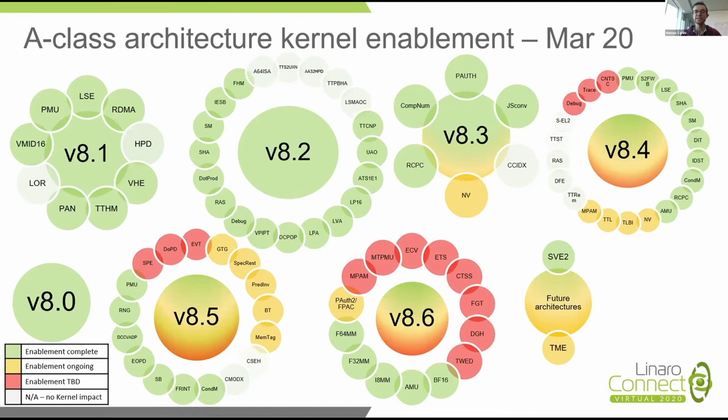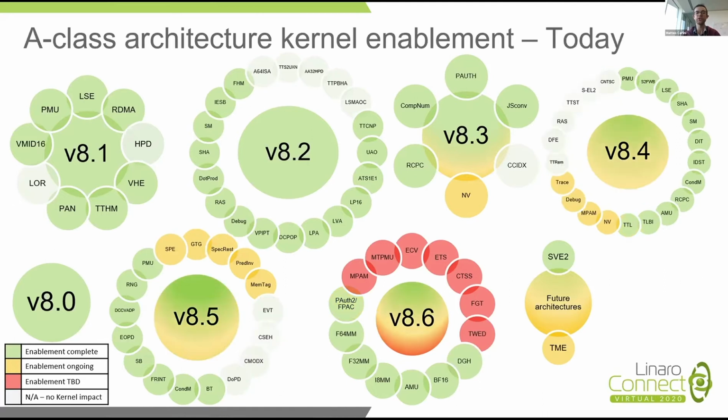Now I have an update, a new meadow, which shows the picture today. I'm not going to ask you to spot the differences. The next slides try to explain what changed. Roughly speaking, we are mostly all green up to 8.4.